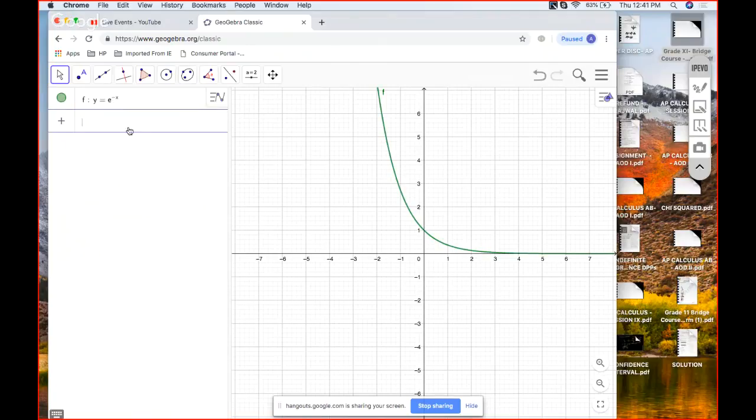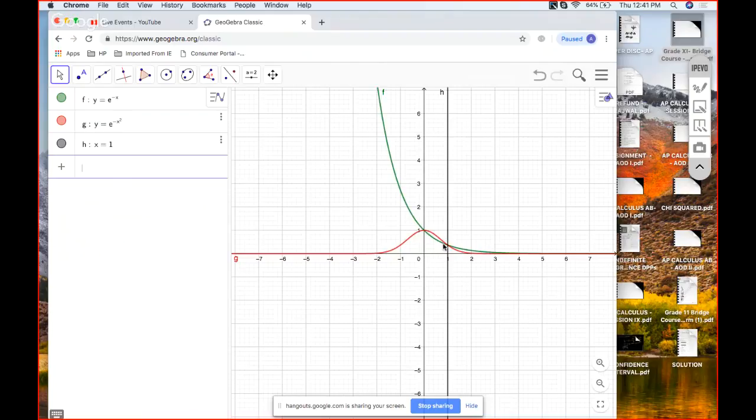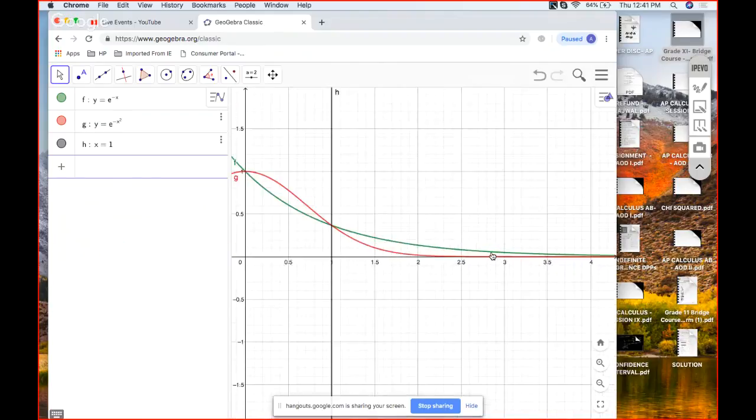Okay, this is the graph. And y is equal to e to the power of minus x square. Okay, and I'm looking at the interval x equal to 1 to infinity. So after this, just don't focus before this. After this, if you see, the green one is the boss, correct? The green one is always higher than the red one.